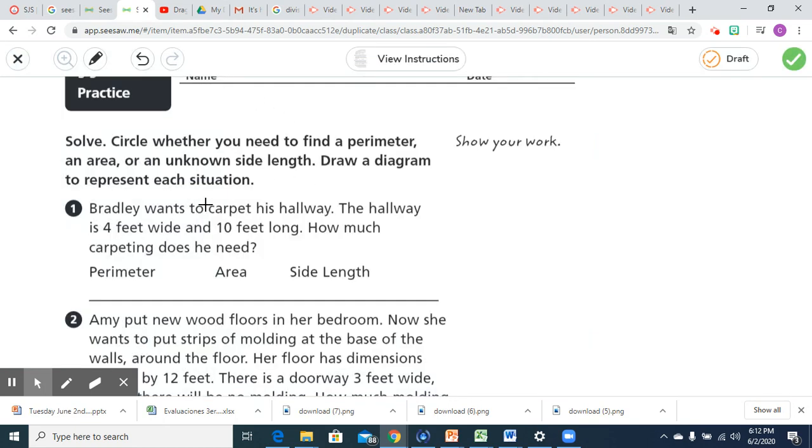Now, first problem says Bradley wants to carpet his hallway. The hallway is 4 feet wide and 10 feet long. How much carpeting does he need? Now, I'm picturing a hallway, which is like a rectangular space. And if they're asking me how much carpet I need, they're talking about the inside part that needs to be covered by the carpet.